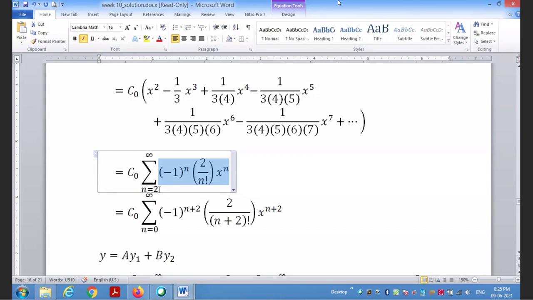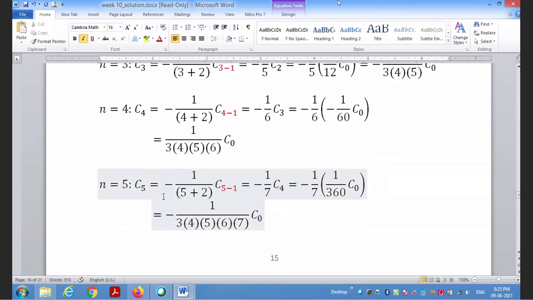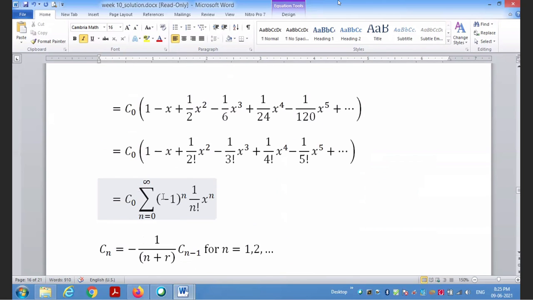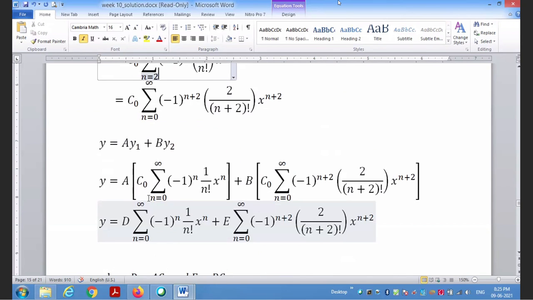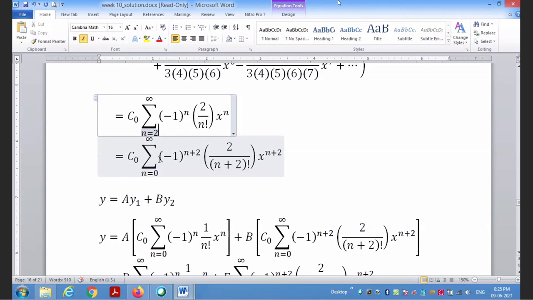We want n to start with 0, so you replace this n with n plus 2. That's why here you have n plus 2, because we want n to start with 0. Why? Because in the previous one n started with 0, so here you also want n to start with 0. We try, and you replace this n with n plus 2.